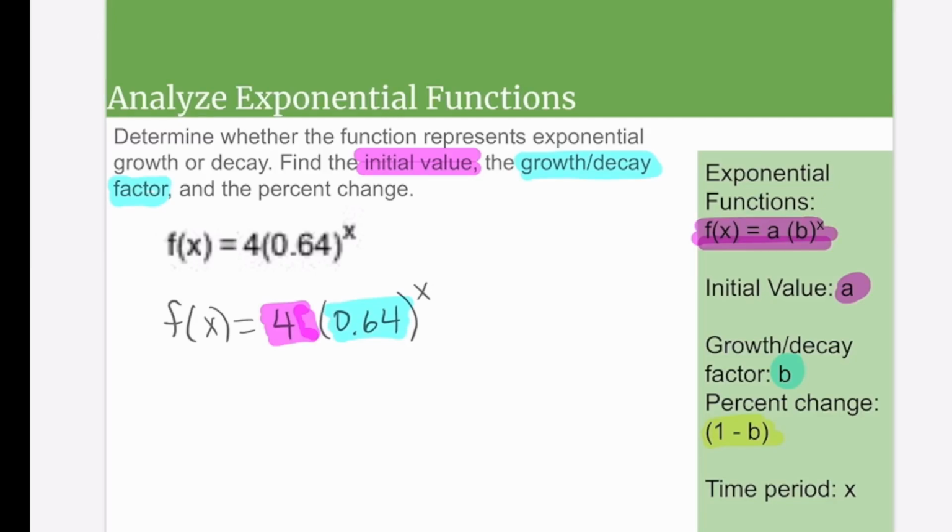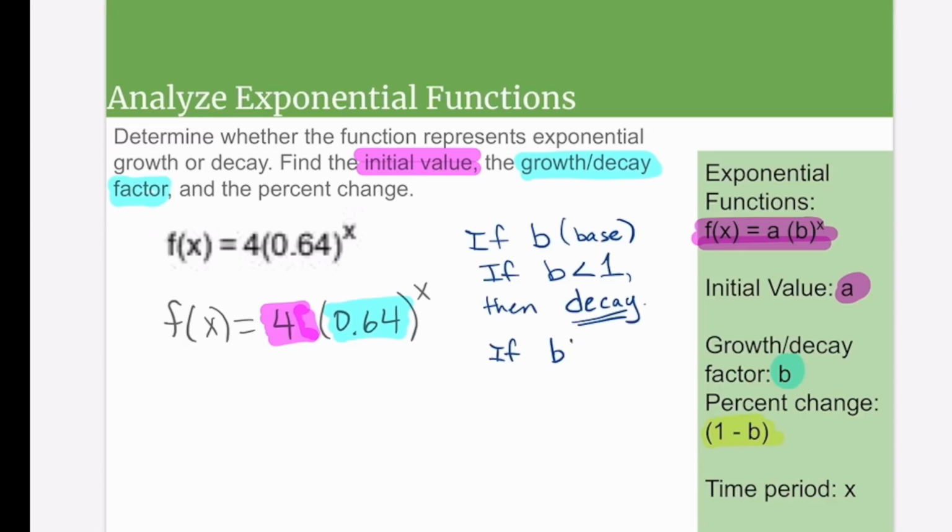Well, 64 hundredths is less than 1. So if b, this base, is less than 1, then you have exponential decay. If you're multiplying something by, let's say, half over and over again, it's going to decay or decrease over time.